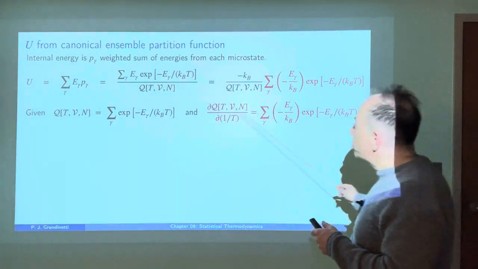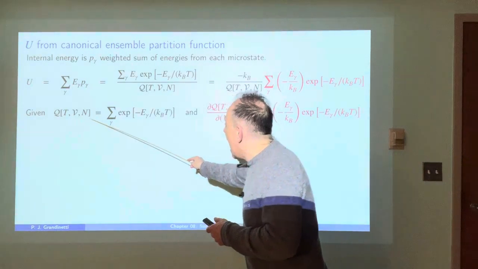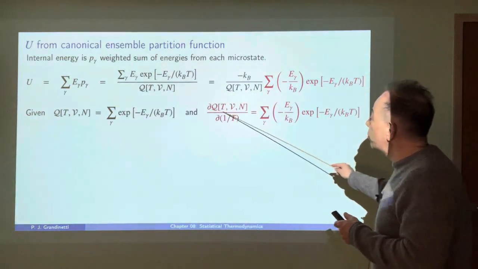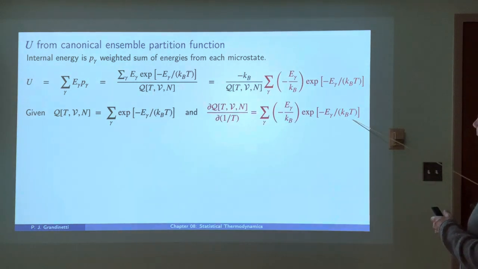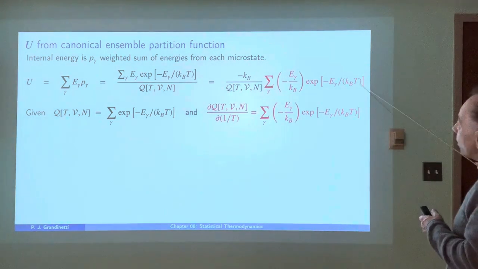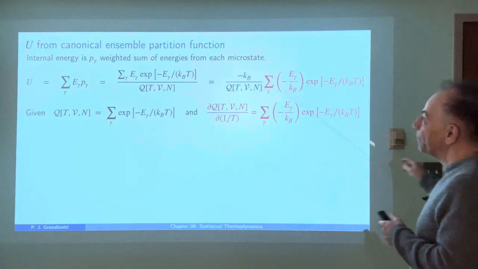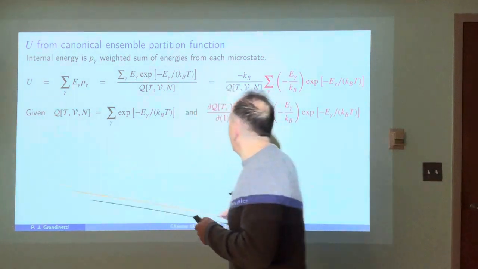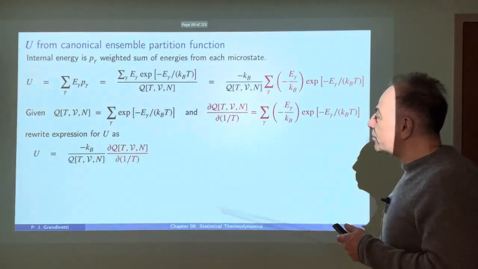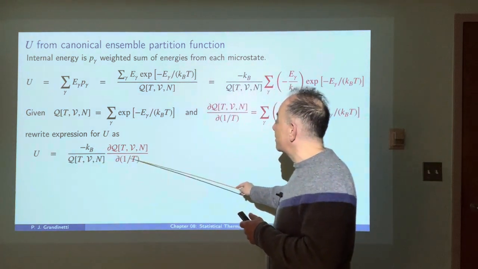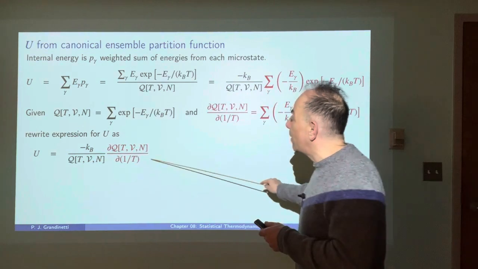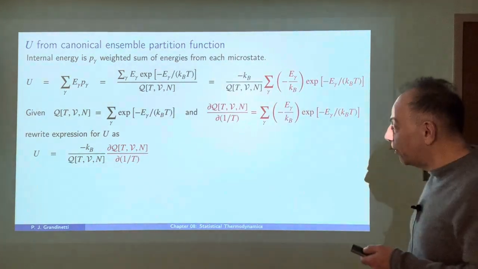And then what I'm going to do is show you that if I had the partition function and I took the derivative with respect to 1 over T, it actually gives me exactly the same function here, which means I can replace this in my expression for the internal energy with just that. So I can write down that U is equal to minus kBT over the partition function times the derivative of the partition function with respect to 1 over T.